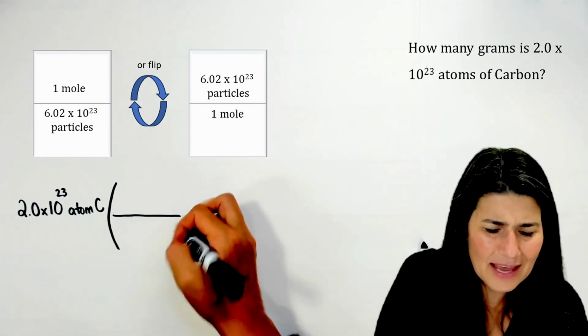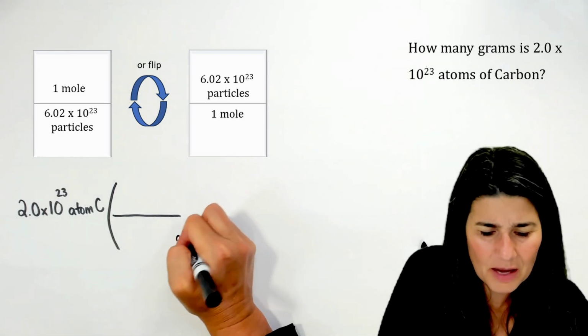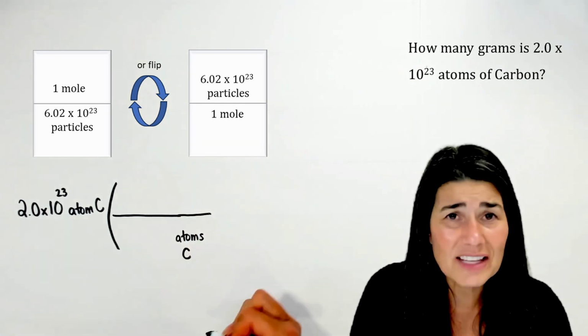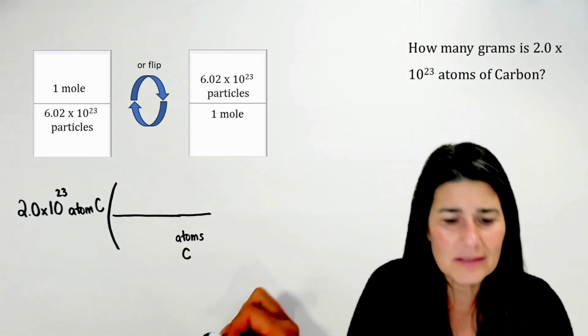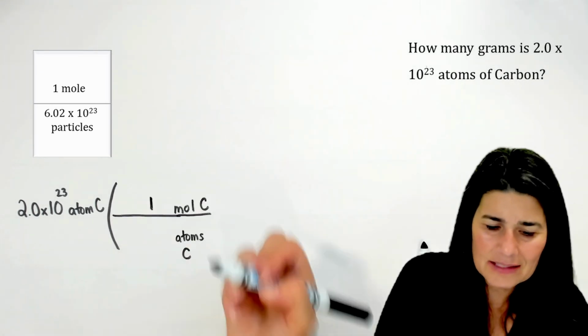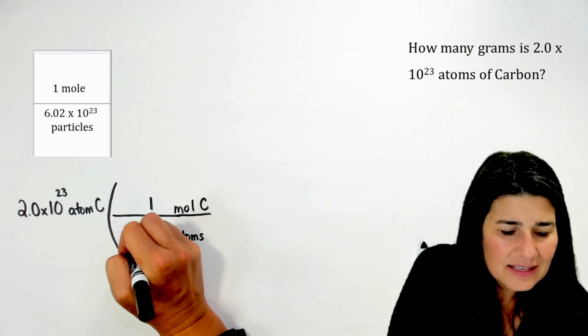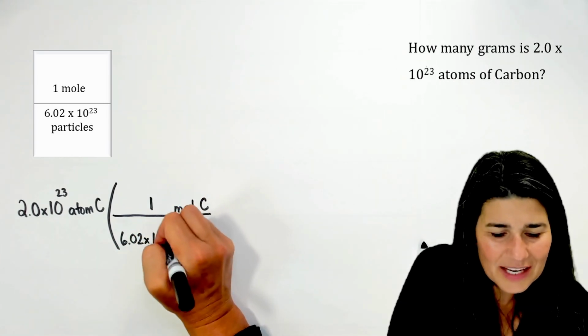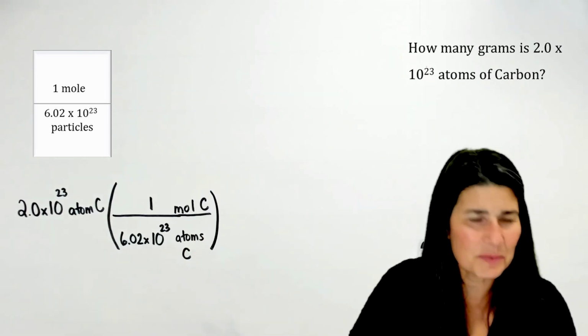I'm going to go ahead and put that on the bottom of my conversion factor, atoms of carbon. What can I get to from particles? Moles. Moles is your center. 1 mole of any substance happens to be 6.02 times 10 to the 23rd particles of that substance.